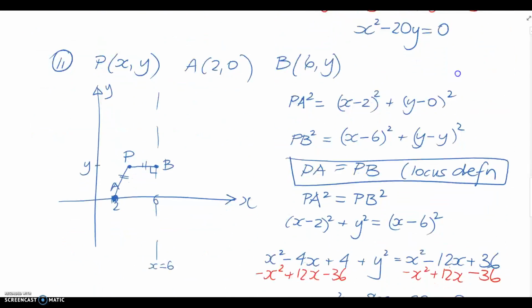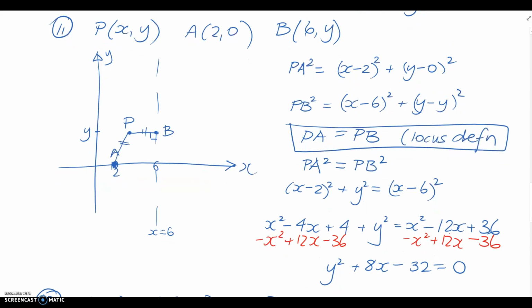So in question 11, same deal. In question 11 they told me that I had x equals 6. I didn't bother writing that down, that was a bit naughty. x equals 6. So the distance, well, let's draw x equals 6. There's x equals 6.